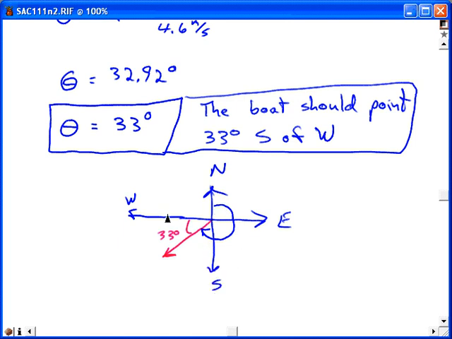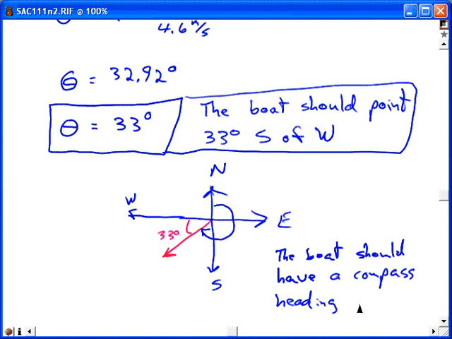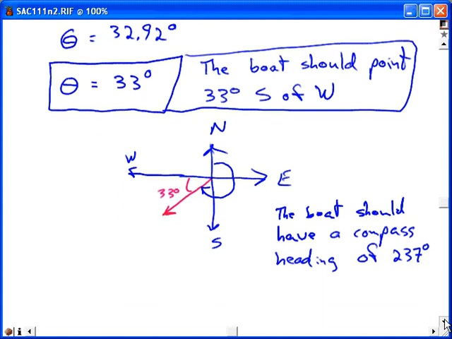That's equivalent to 270 degrees minus the 33 degrees, or you could say the boat should point in a compass heading of 237 degrees. This always means east of north, so you don't have to add anything on there.